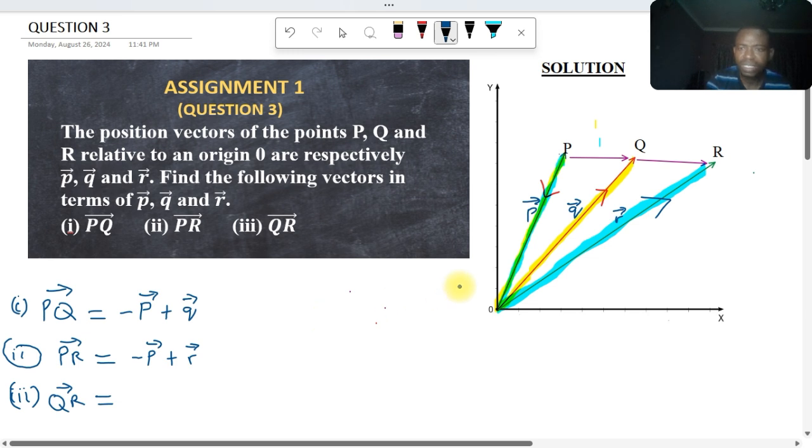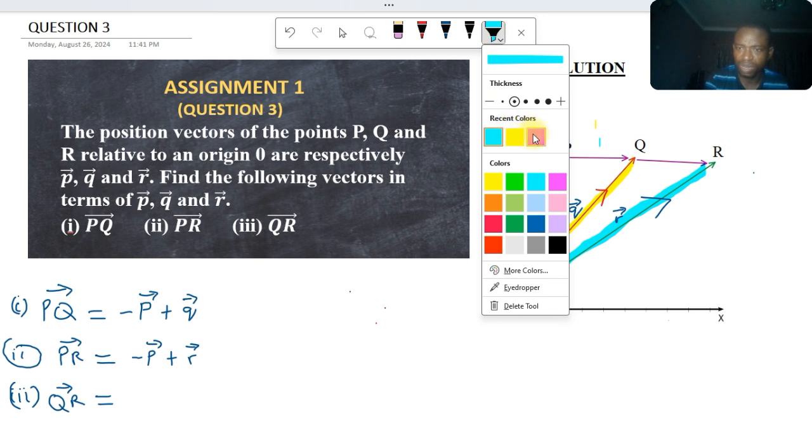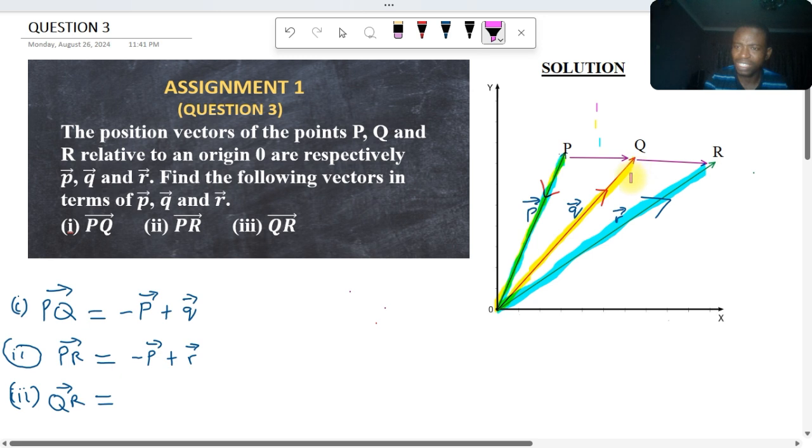In that case, my QR is simply moving straight from Q to R. As you can see, we will move this time around in the opposite direction of Q for us to be able to get to R, because the direct path is not known.